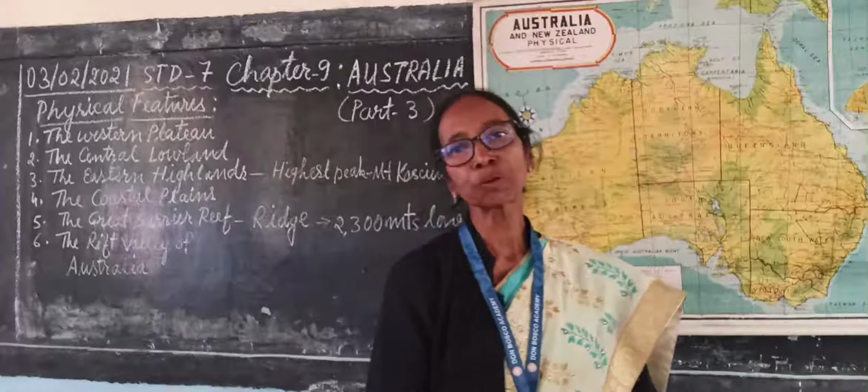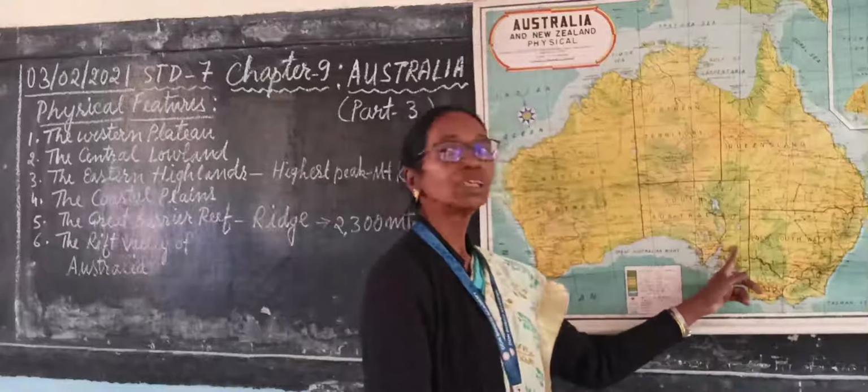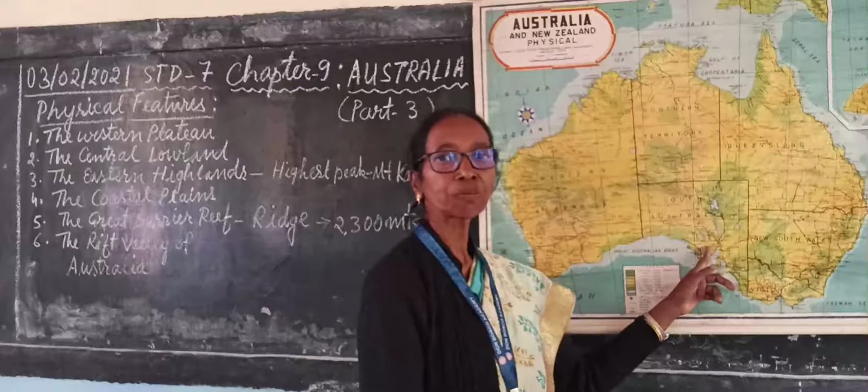And the last important physical feature is the Rift Valley in the southern part of Australia.